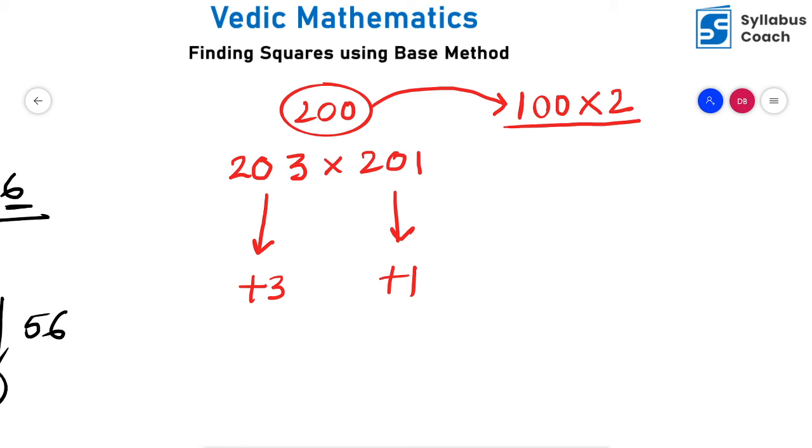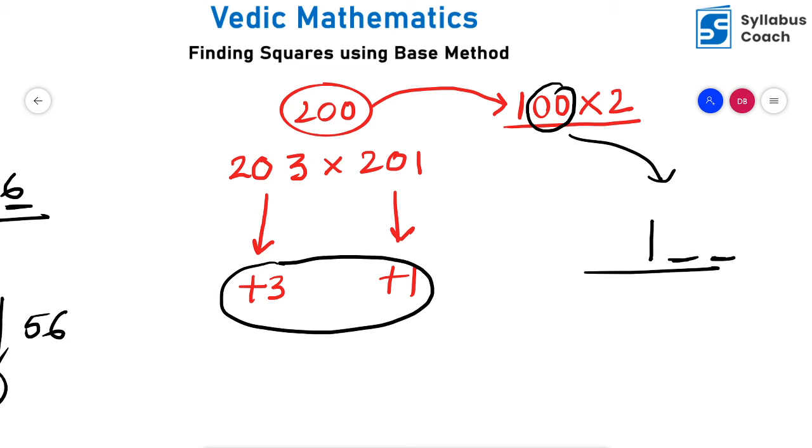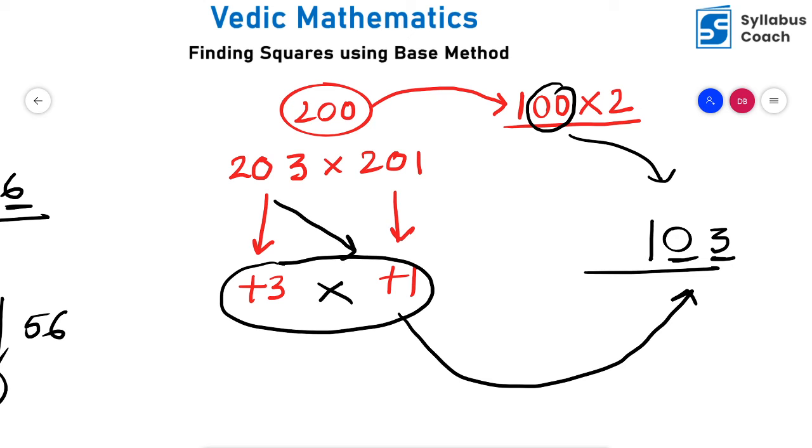Now, as the main base is 100, the answer will have 2 digits on the right hand side. So what is 3 into 1, students? 3 into 1 is nothing but 3. But we need to write it as 03 because we require 2 digits on the right hand side. And then 203 plus 1 is going to be 204, students. But the base is 100, while the non-base is 200.